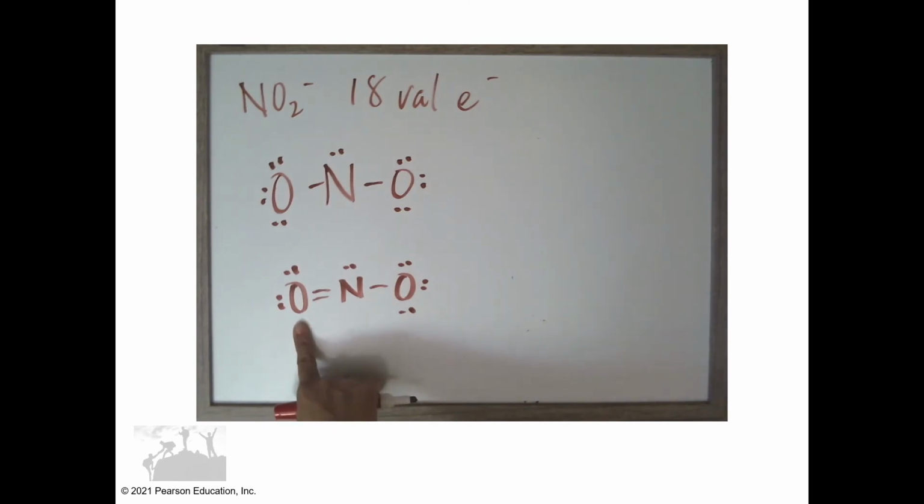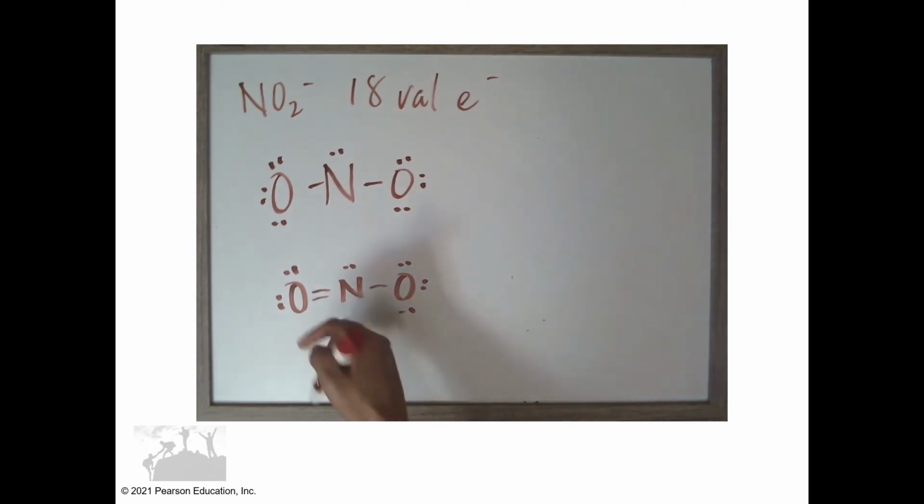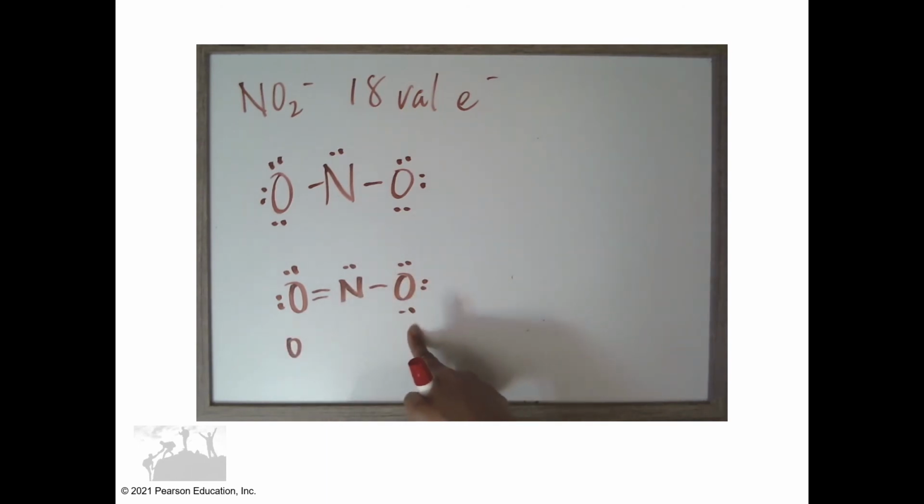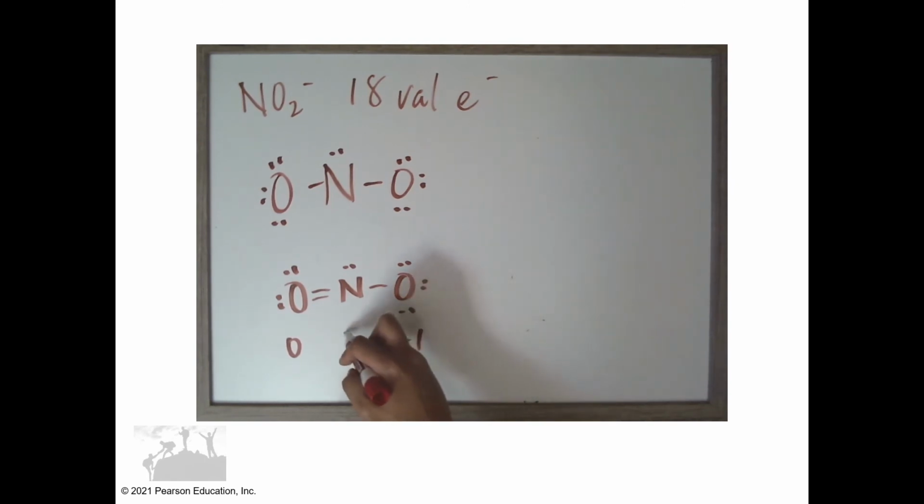Okay, we have 8 electrons for this oxygen, 8 electrons for this oxygen, and 8 electrons for nitrogen. Let's check formal charges. This oxygen is a 0. This is a -1. Nitrogen would have a formal charge of 0.